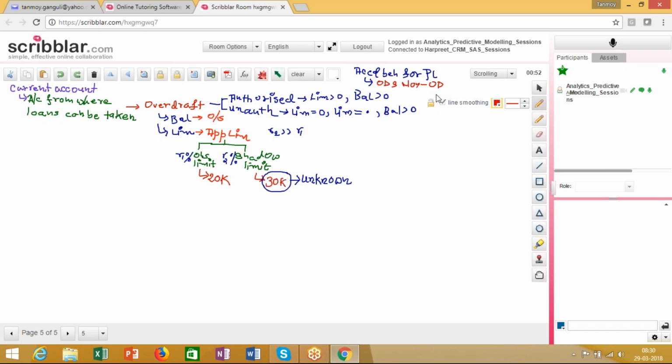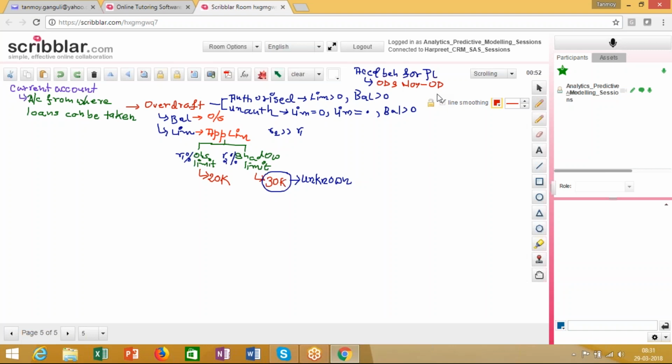The reason being, let us first understand the acquisition behavior of a personal loan, the ways of model development, and considering the OD and non-OD segments within those models, right?